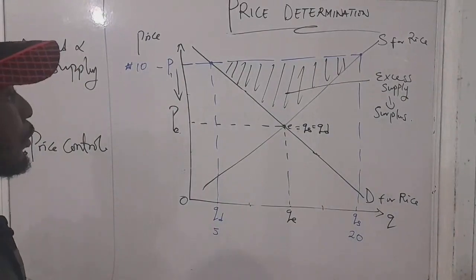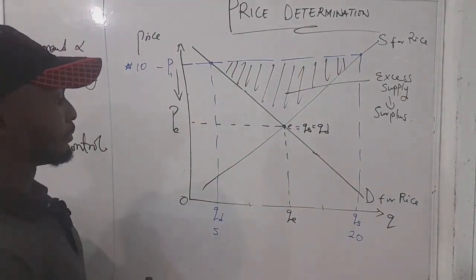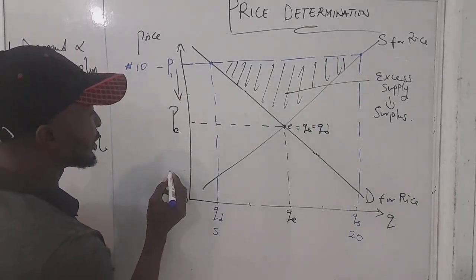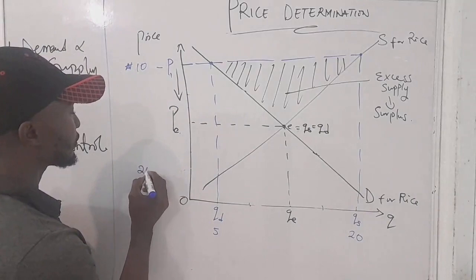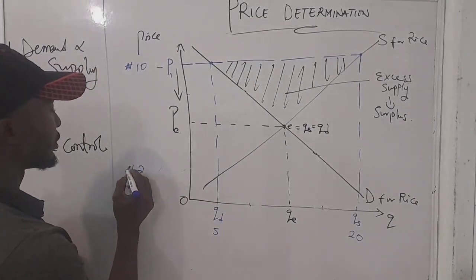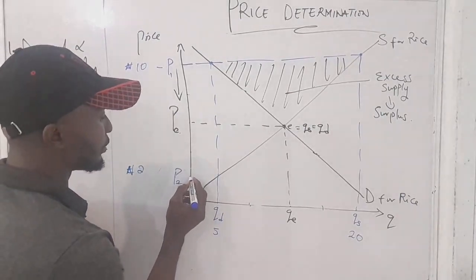Okay, so let's reverse this same situation and see what happens here. Now, let's say the price has gone down to the lowest of, let's say, 2 naira. Let's call this P2, somewhere here.